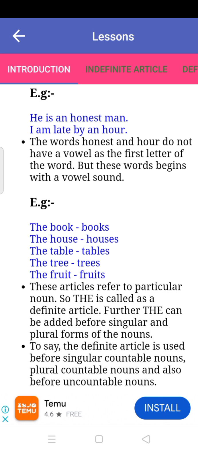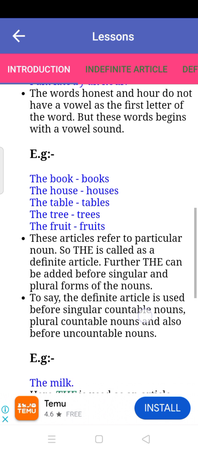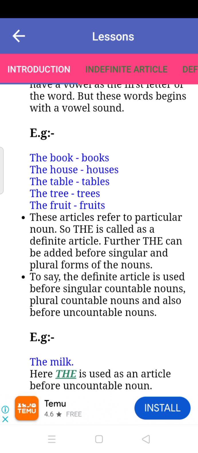So here are some examples: the book, the house, the table, the tree, the fruit. This article refers to a particular noun. So the is called the definite article. Further, the can be added before singular and plural forms of nouns.